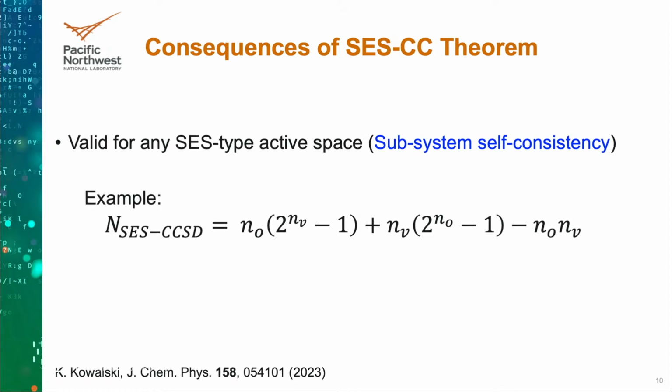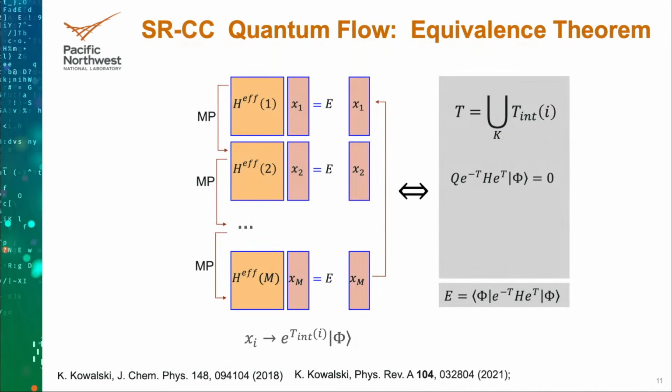It's quite a big number, right? So the question is, what's happening if you start combining those active space problems and you allow them to communicate, right?